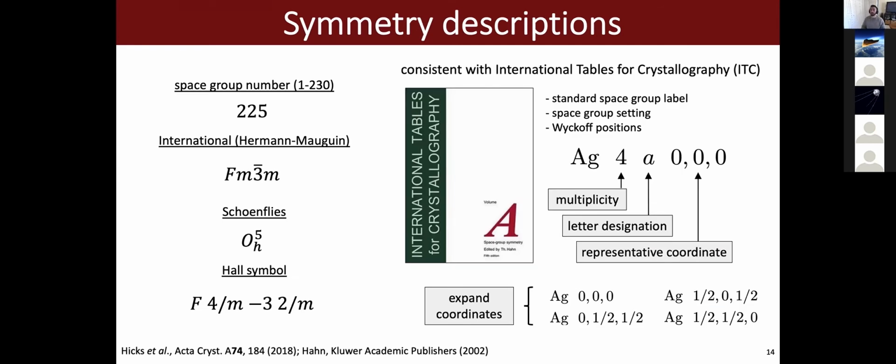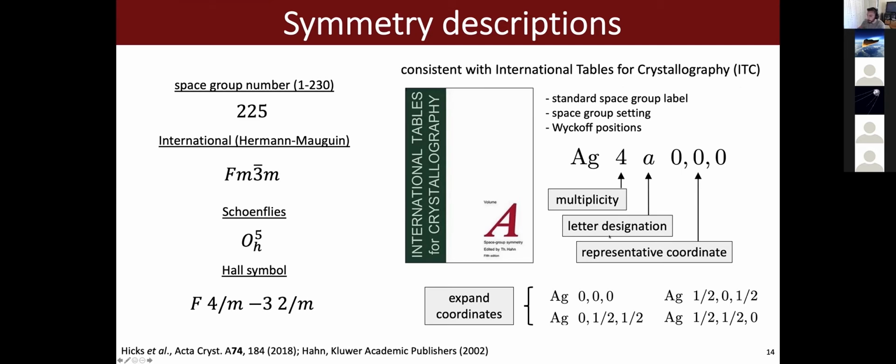Okay, so for the symmetry descriptions, I mentioned that we're consistent with the ITC. This gives the standard label, space group setting, and also what's known as the Wyckoff positions. These are the site symmetries that are symmetrically equivalent within your crystal. If you're familiar with this resource, typically you would get information like the multiplicity, which tells you the number of atoms that are part of this symmetry operation, the crystallographic orbit or constellation of points generated by the symmetry.